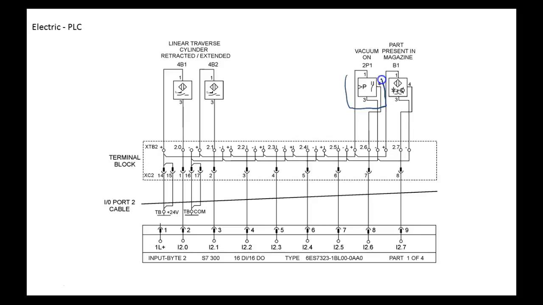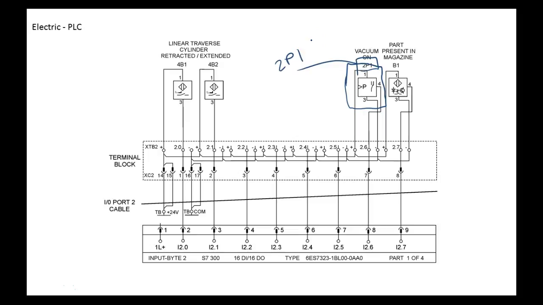So here's that little pressure switch we were looking at over there. That's that little red pressure switch. And it's called what? They're calling it 2P1, because it's a switch for pressure.